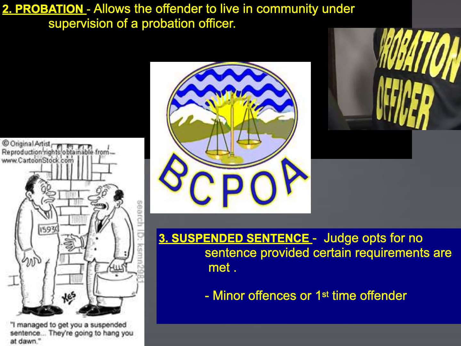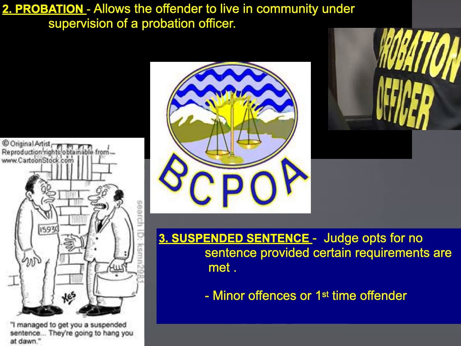A second option is probation, which essentially allows the offender to live in the community under the supervision of a probation officer. This usually includes check-in times, maybe an ankle bracelet, curfew, limited access, and no-go zones. They can live in the community as a way to see if the person can be rehabilitated back into society.